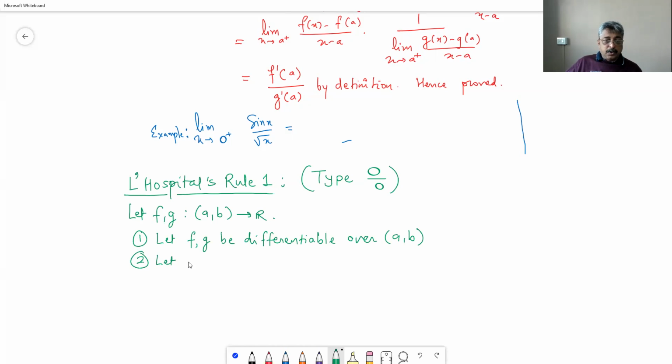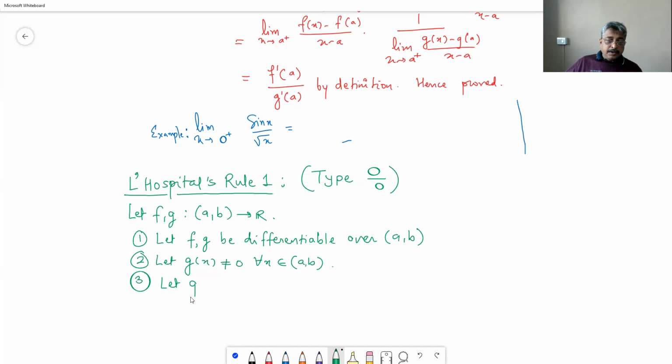Let g of x is not equal to 0 for every x belonging to open interval a comma b. 3.